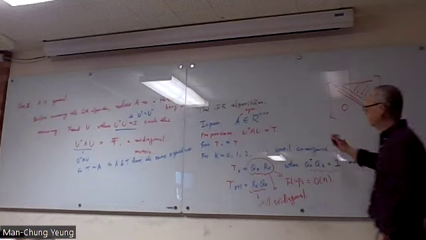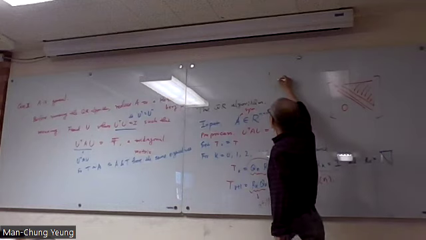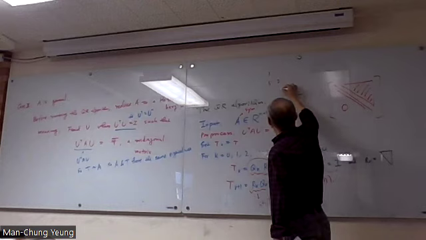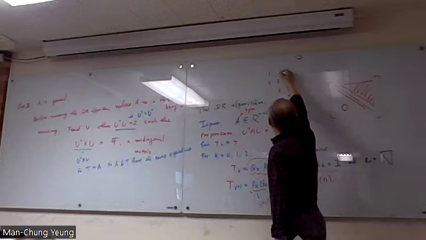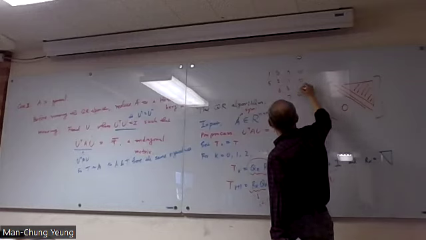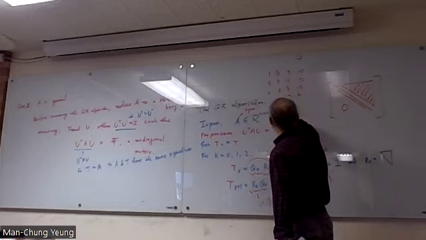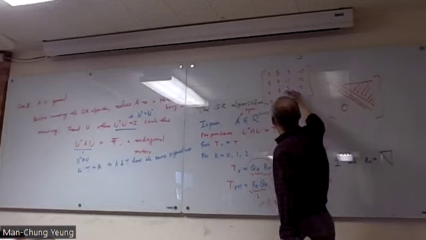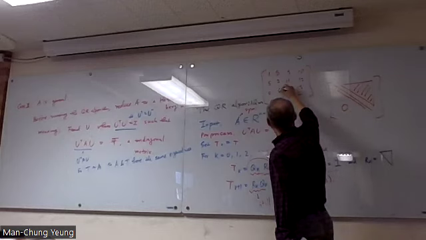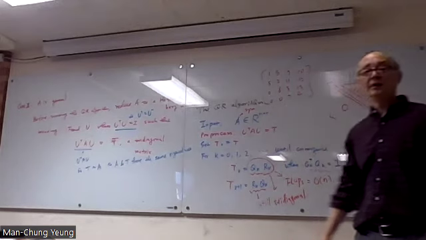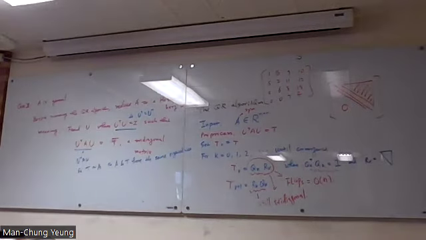For example, this is a 4 by 4 Hessenberg matrix.